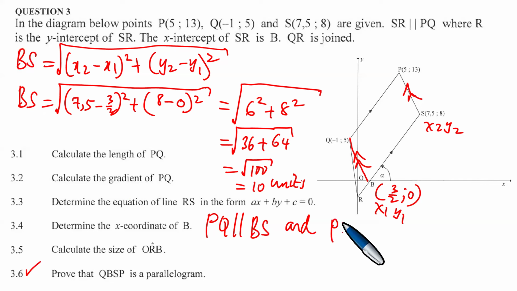And PQ is equal to BS. Because PQ was obtained before, and was found to be 10 units. That was PQ, but also now we have found BS, it is also 10. But moreover, we have been given that PQ is parallel to BS, and it is most certainly equal to BS.